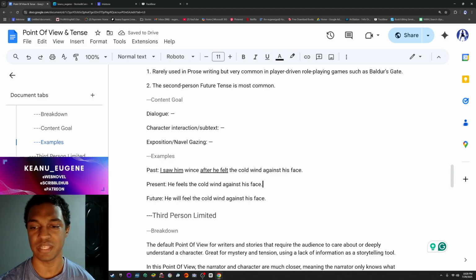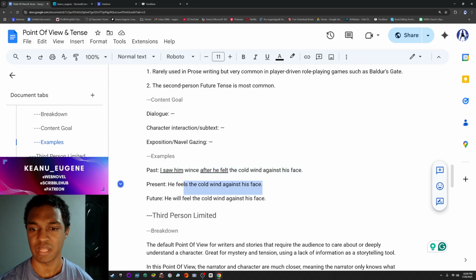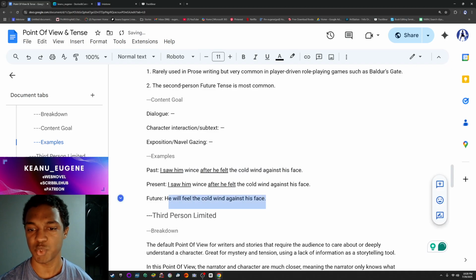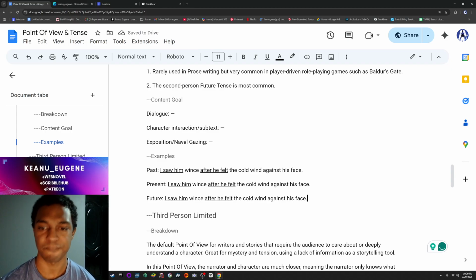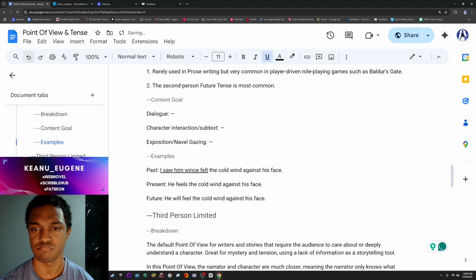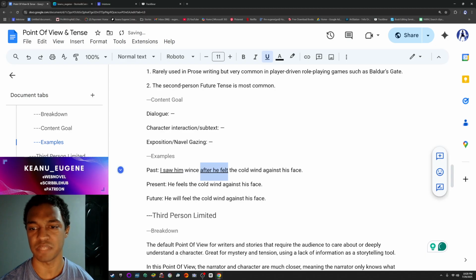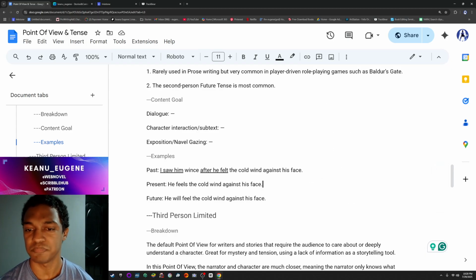Crazy. But as you can see, you have to change so much because you have to make it clear. It's a bit complicated to write. So "I saw him wince after he felt the cold wind against his face." Nope, that's actually wrong. Never mind.